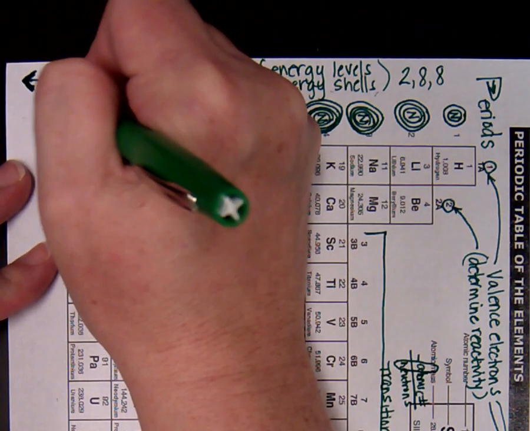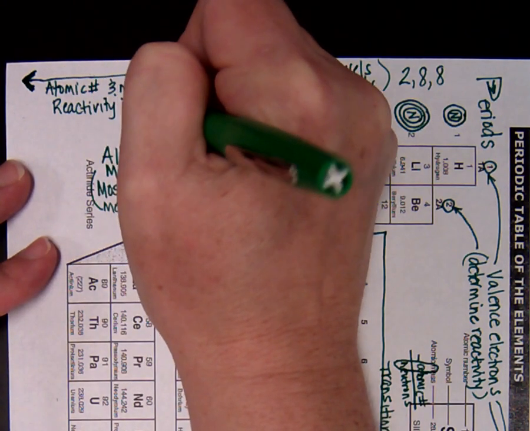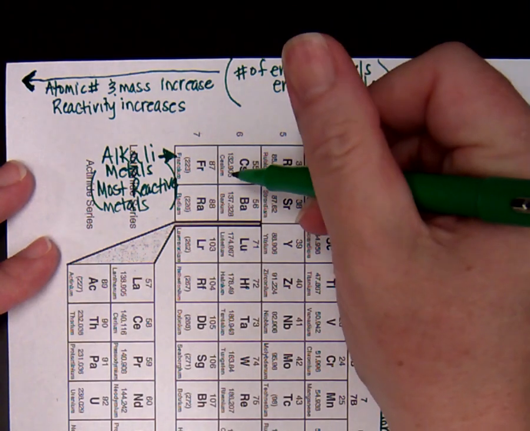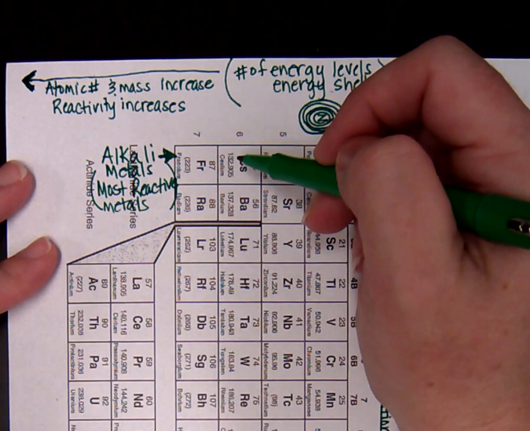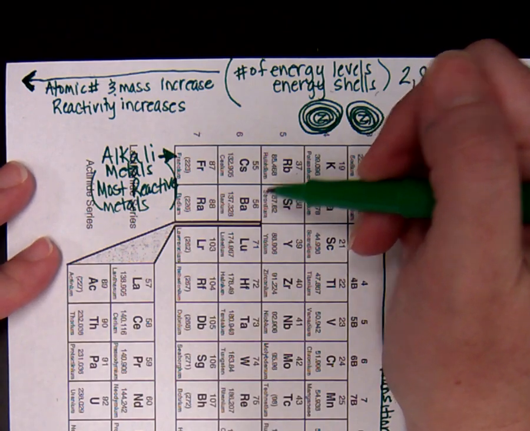Reactivity also increases. So as you go down a group, the atomic number and the mass increases, and the reactivity increases.